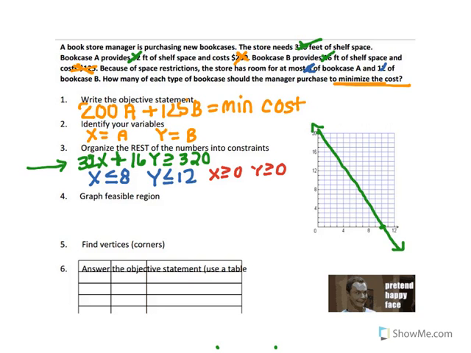And it needs to be greater than or equal to, which means I'm talking about the stuff over here. Okay? So I've graphed that.